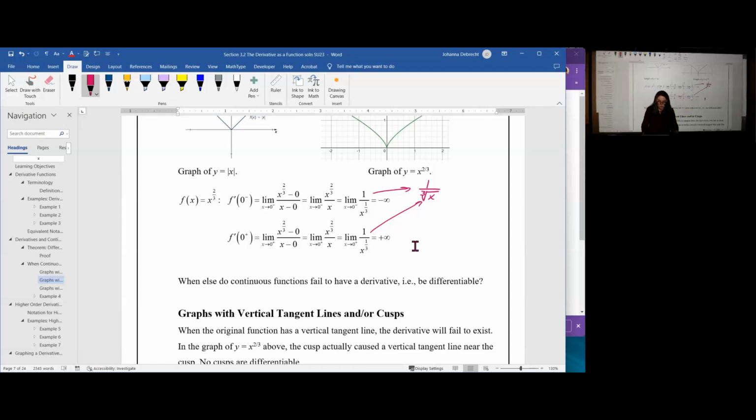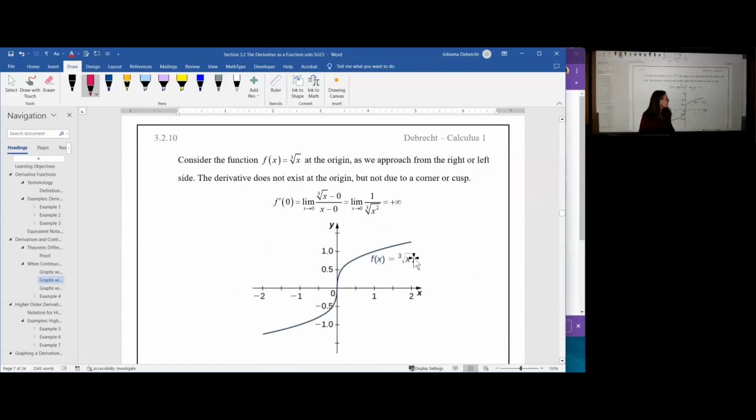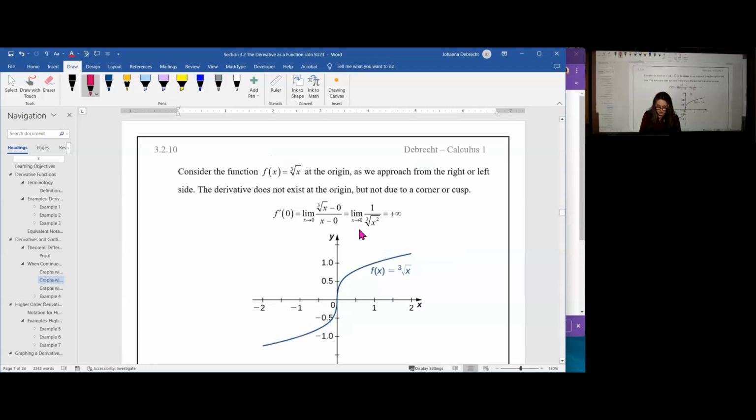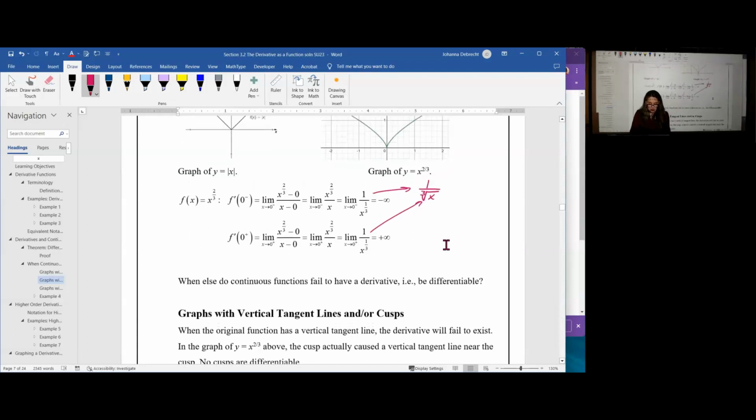Again, if we look at the graph of the cube root, you'll see that as we approach 0, it hits the value of 0 here at 0. But until then, from the left, all the values are negative.